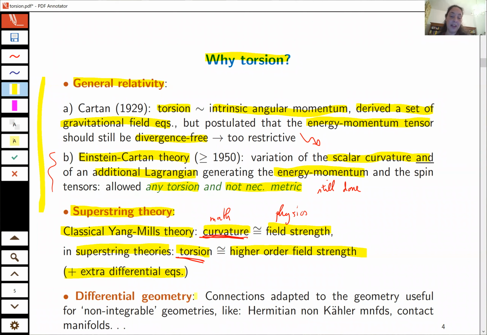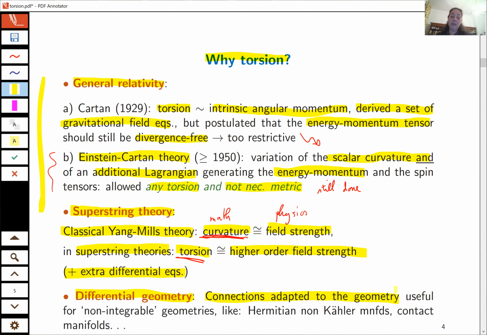Finally, we're not only there to help the physicists do their job, but we do also want to learn something about our own topic. So let me emphasize that connections with torsion, besides certain super interesting applications in physics, are also of big importance internally inside differential geometry. Because this concept of having connections adapted to the geometry is a useful concept in geometry as well.